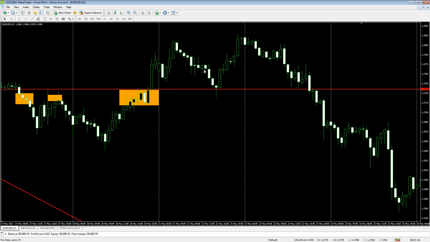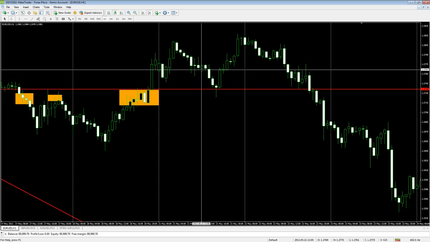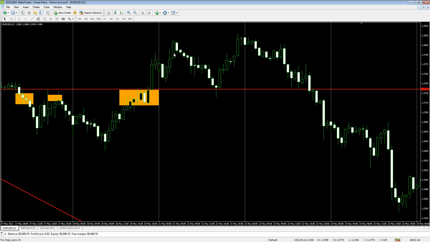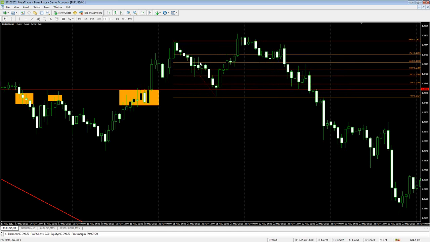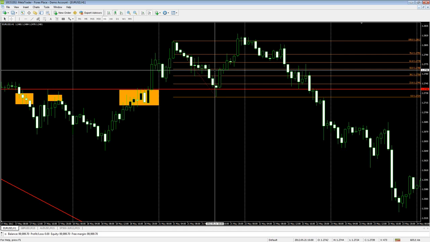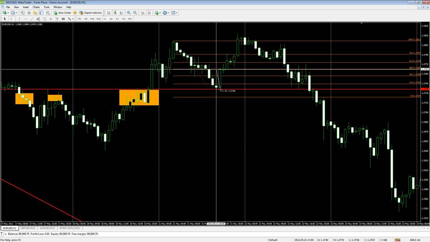So again, we said something around here where there was strong support. Okay, that may be first resistance. Another resistance, or maybe it even converges with the Fibonacci level. You can see here, it's a 50 Fibonacci level, so I would expect the first resistance to be around here. And then I say, okay, if I enter, I take something like 30 pips.